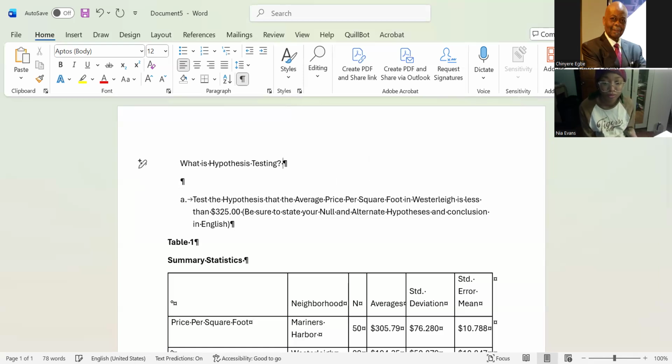So the hypothesis is a statement and a claim that a population has certain characteristics.